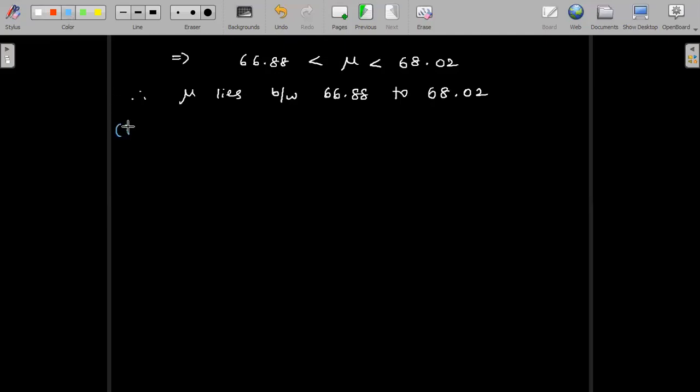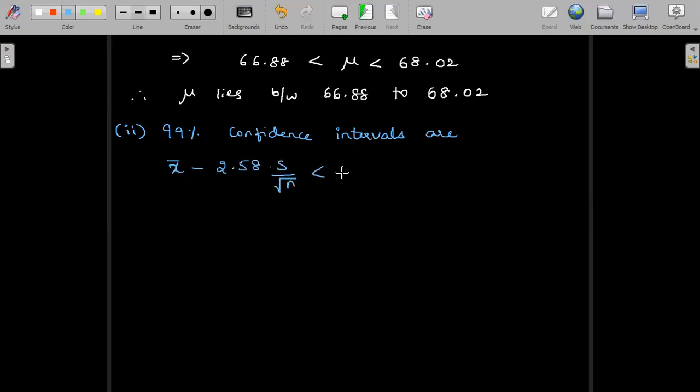Now the second part of the problem is to find 99% confidence intervals. They are given by x bar minus 2.58 into S divided by root n less than mu less than x bar plus 2.58 into S divided by root n. So x bar plus or minus 2.58 into S divided by root n, that's the formula in general.